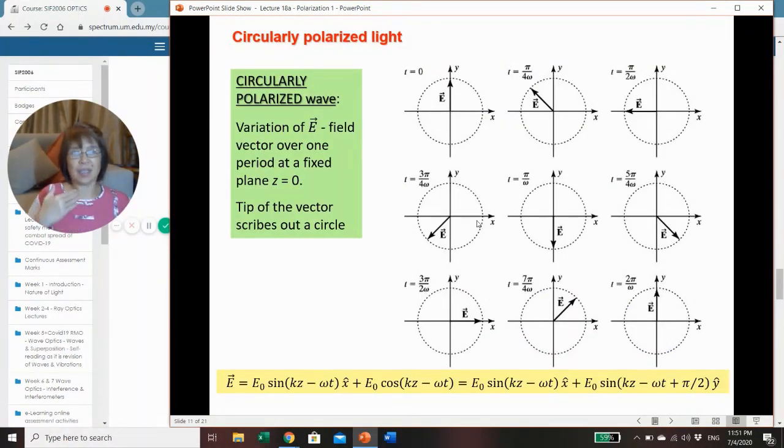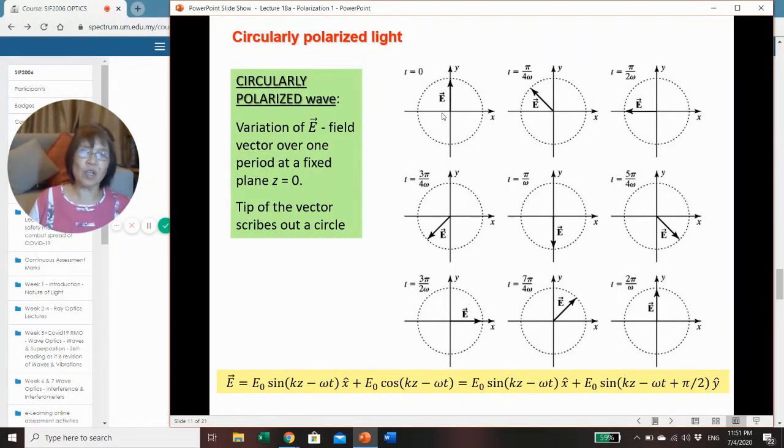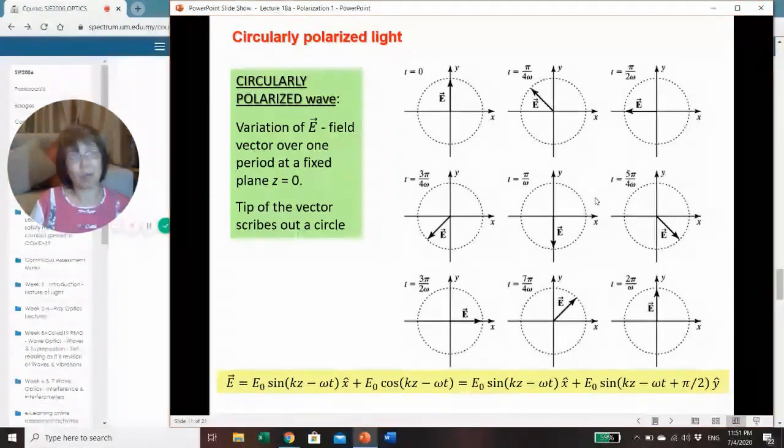Now this is the diagram that shows you as it progresses with time how the electric field vector moves. So the ray is coming towards you and you see that this will be rotating and the edge at the tip of the arrow would then draw out a circle. So this is circularly polarized light.